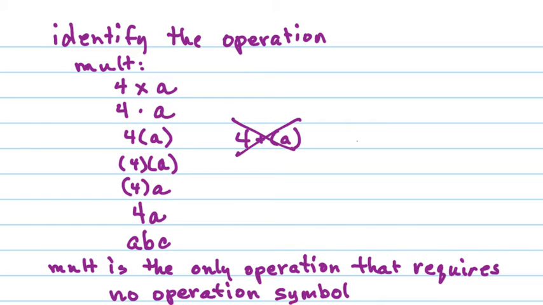So if you don't see pluses, minuses, or division symbols, fraction bars, or x's, or whatever, then you just assume that it's going to be multiplication. So we've refreshed our minds a little bit about what operations look like and how you can write multiplication when you're dealing with algebraic expressions.